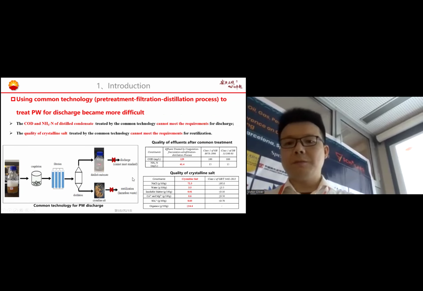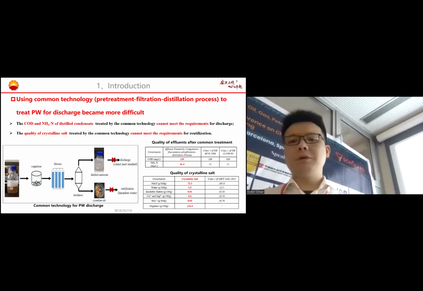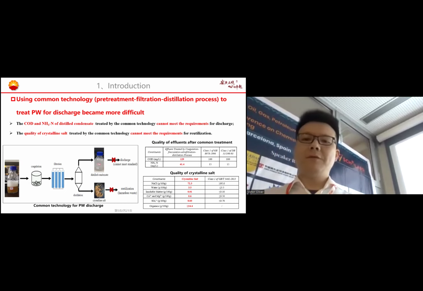We can see from the table the quality of effluents after compound treatment. The COD of the effluent treated by coagulation, flocculation, ultrafiltration, and distillation is more than 100, and the concentration of ammonium nitrogen is more than 40.